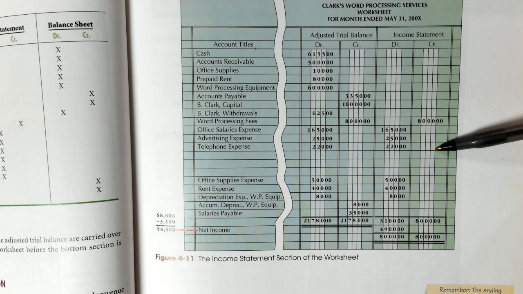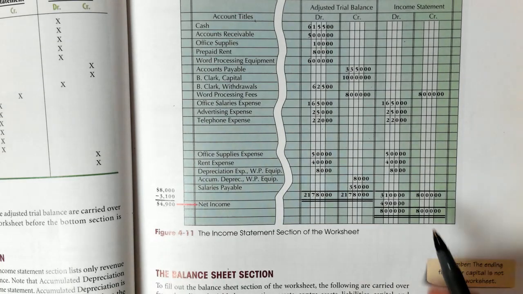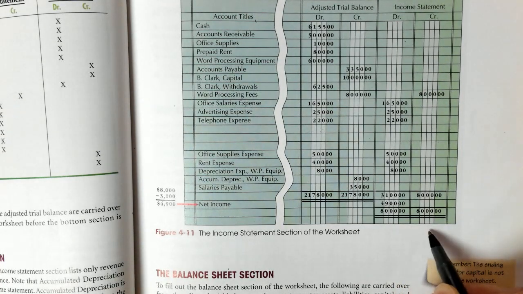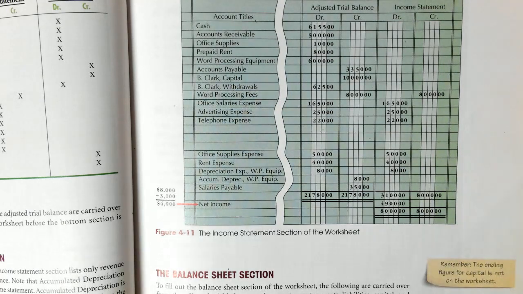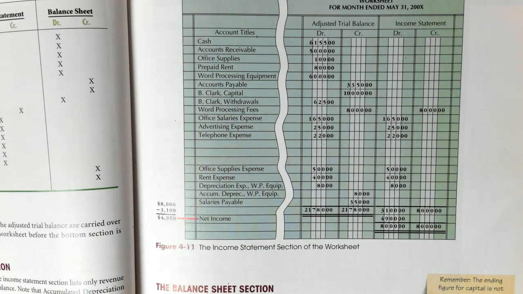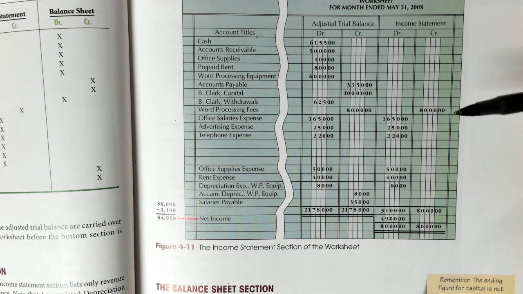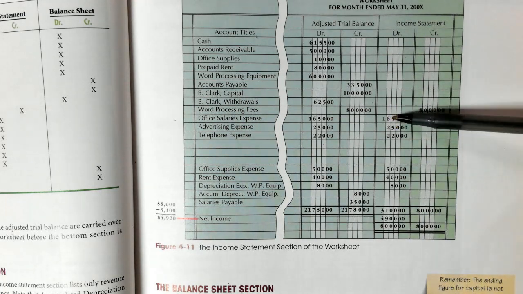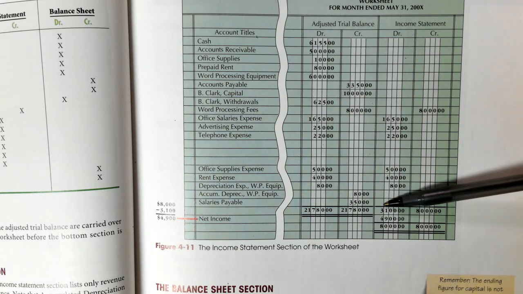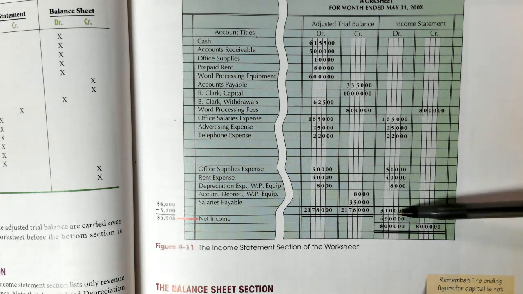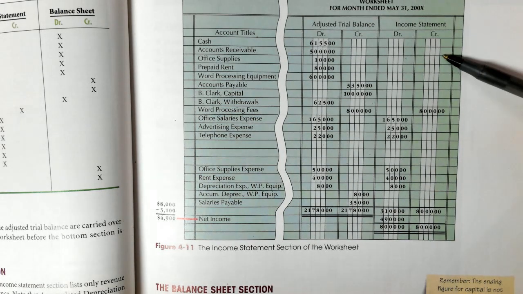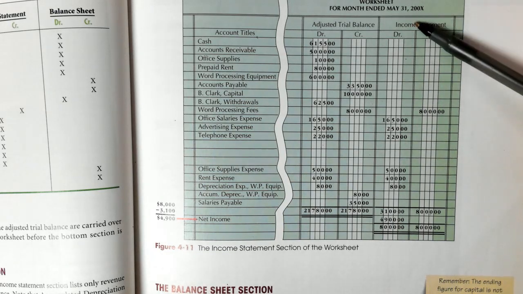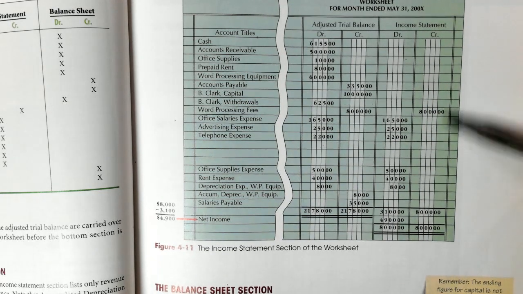If it's helpful, maybe come down to the bottom and write a little E and an R if you need to just remember which side is which. But just remember what the normal balance is. Expenses increase on the debit side, so we're going to put all of our expenses on this debit side. So we're going to total them, okay? Total your debits, total your credits for your income statement, which is just expenses and revenue.